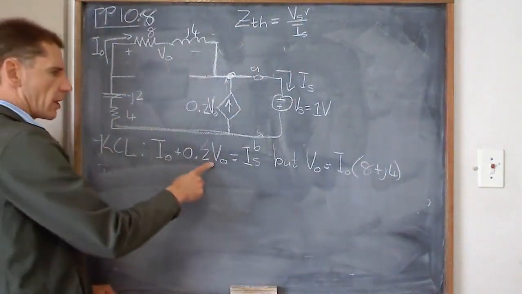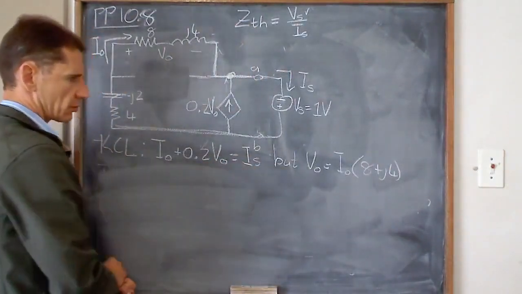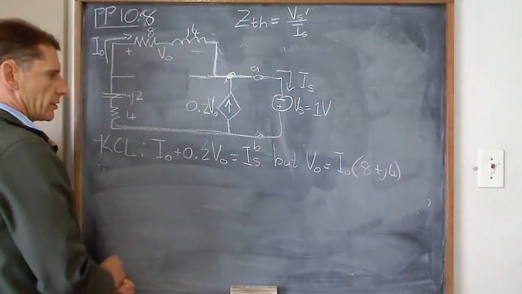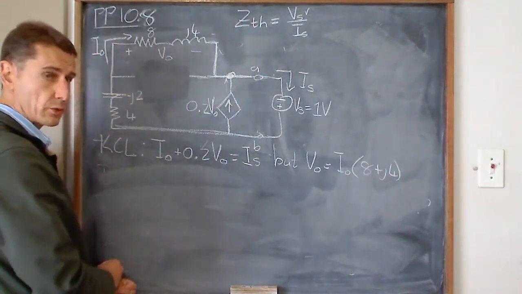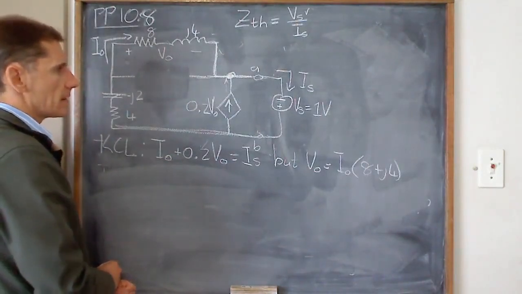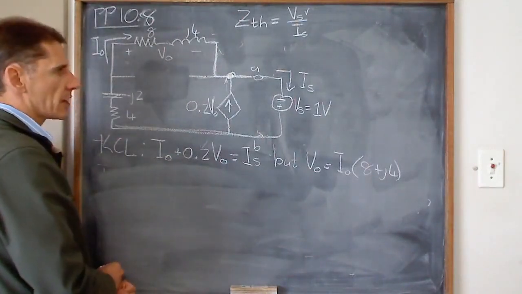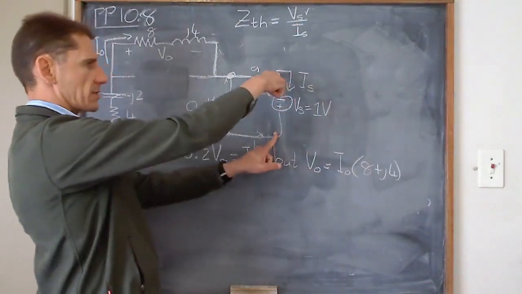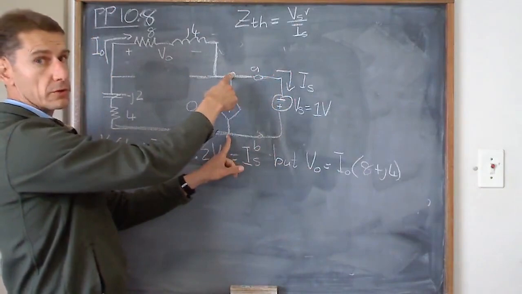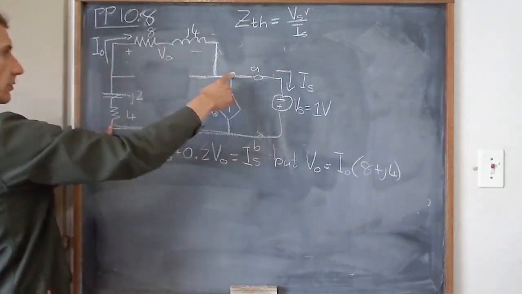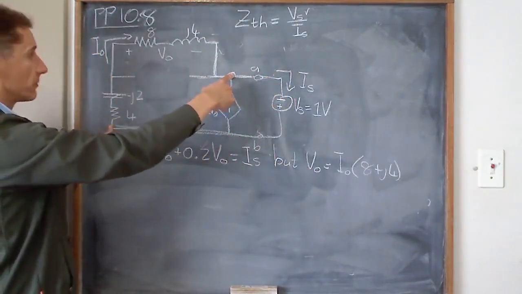So I can get rid of the V out and substitute it with I out, or you can get rid of I out and substitute it with something in V out. Which one would be the better to do? Now this is where getting to know your circuit is important. I've got Vs over there, 1 volt.